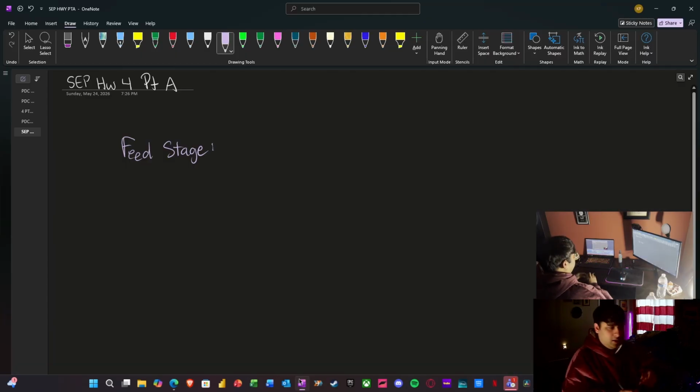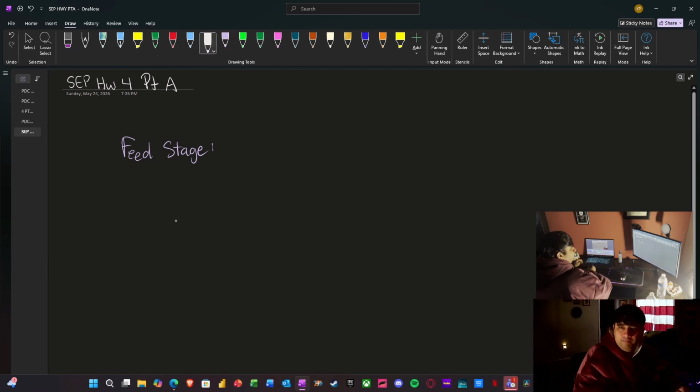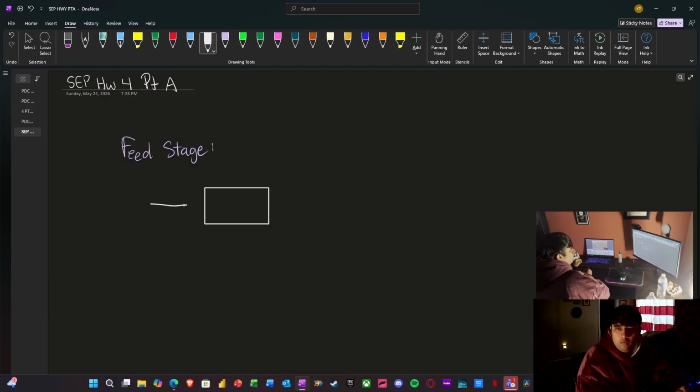So to start with our feed stage, we can go ahead and just draw that out, where we'll have our feed and then we'll have our liquid this way and then our vapor going up.